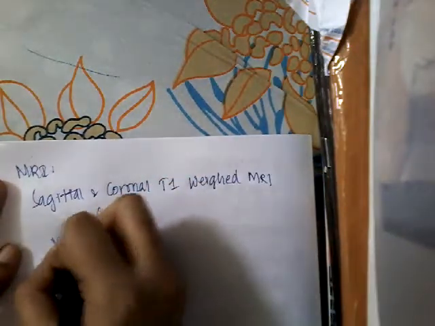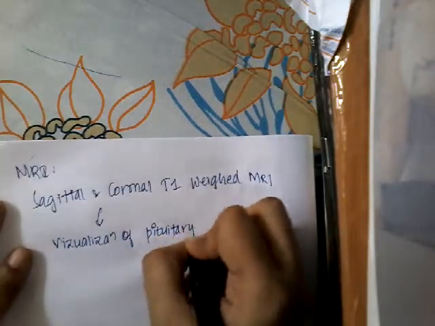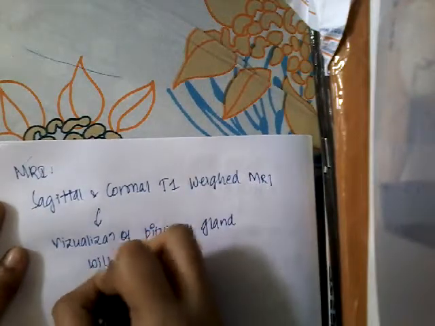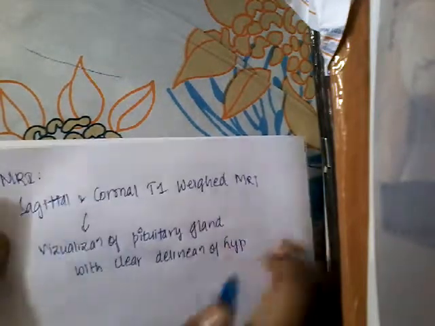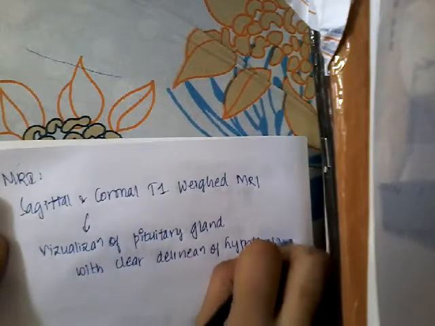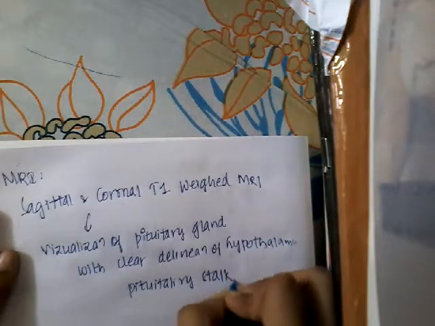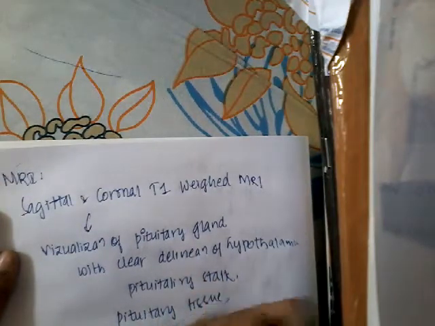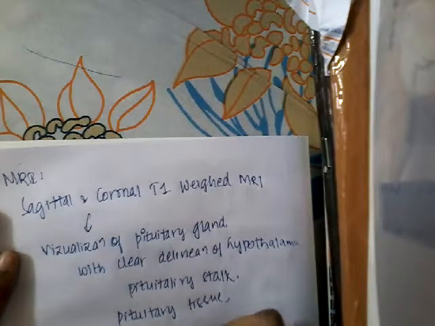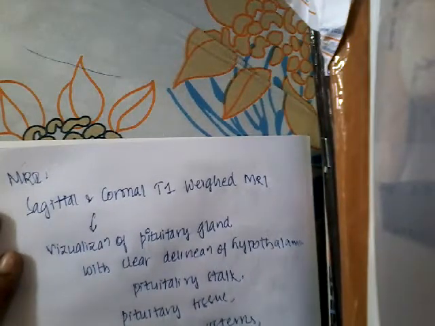So here it shows the visualization of the pituitary gland with clear delineation of the hypothalamus, pituitary stalk, and pituitary tissue, and you can also see suprasellar cisterns and cavernous sinuses to know the extension.